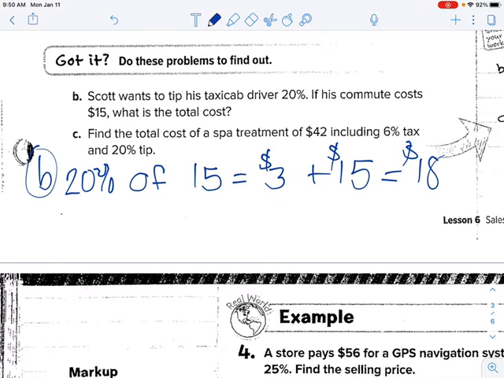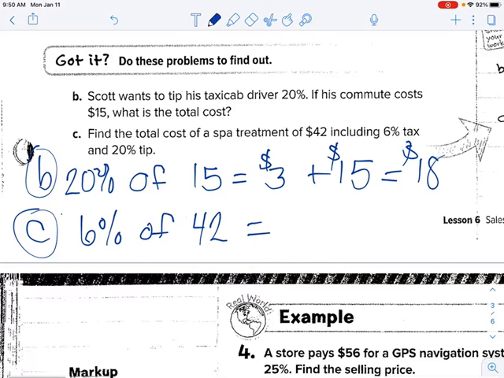And letter C, it says find the total cost of a spa treatment of $42, including 6% tax and a 20% tip. All right, so $42 for a 6% tax. So 6% of 42. And that's $2.52 for the tax.